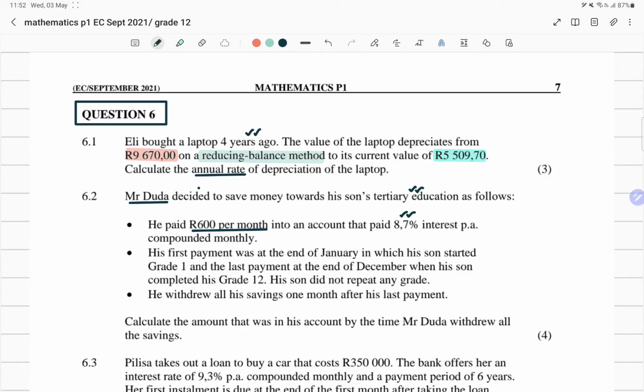I would love to see such a rate in RSA. It does not seem to exist. This country is an absolute rip-off. I'm telling you. You put money, you don't get anything back. But you borrow money, you pay everything back.